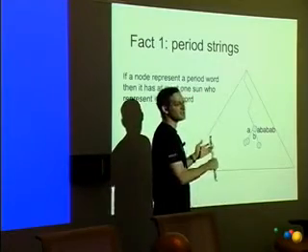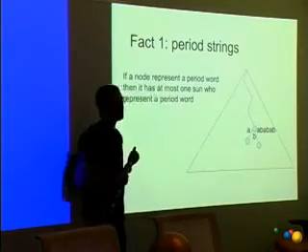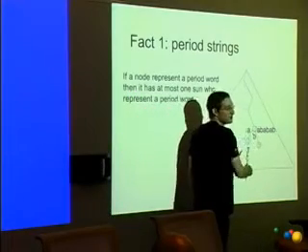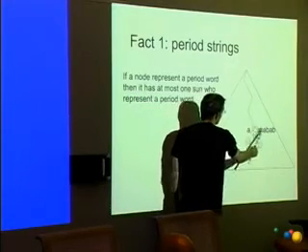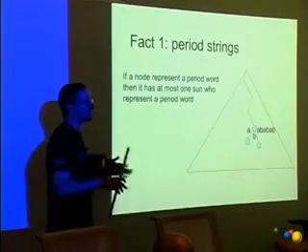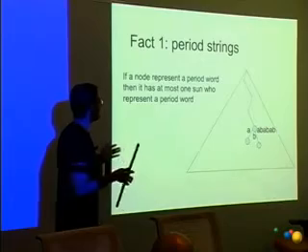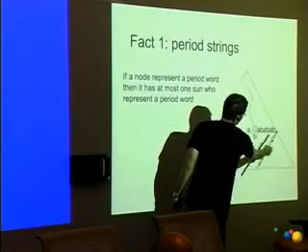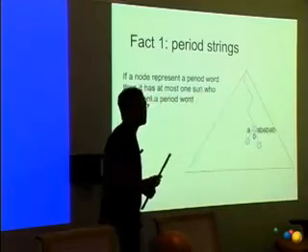Only one of the sons of the period word is periodic. This ABABAB, B won't be periodic, but ABABAB, A will be periodic. It might be the case that it doesn't have any son who is periodic. It might be a son of B, a son of C, a son of D, and so on, and not a son of A.